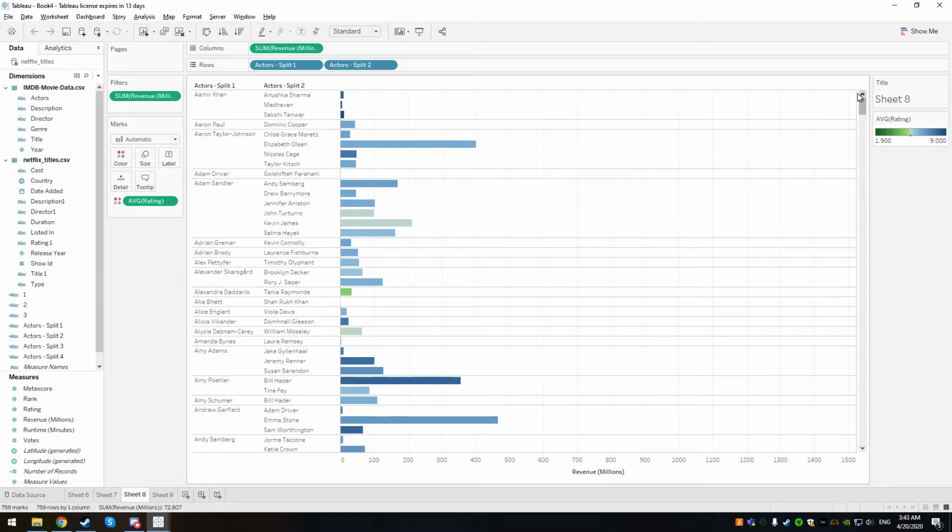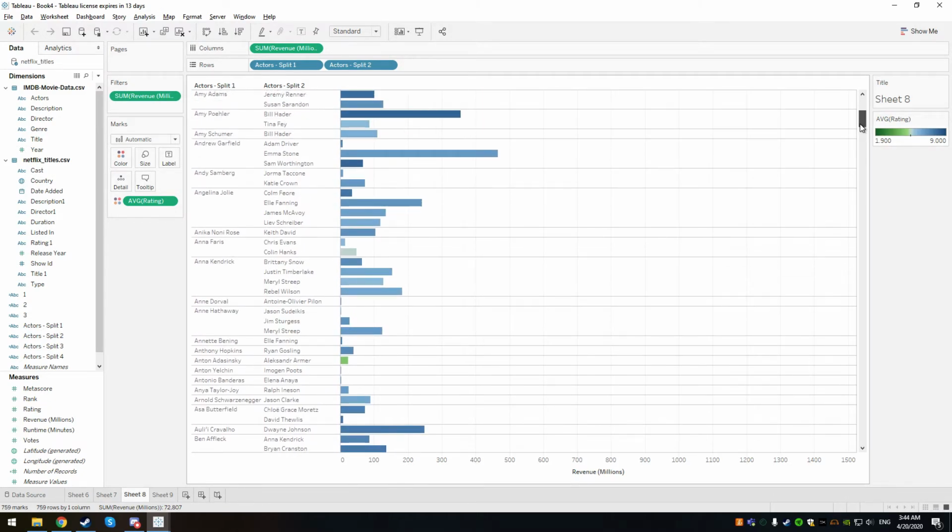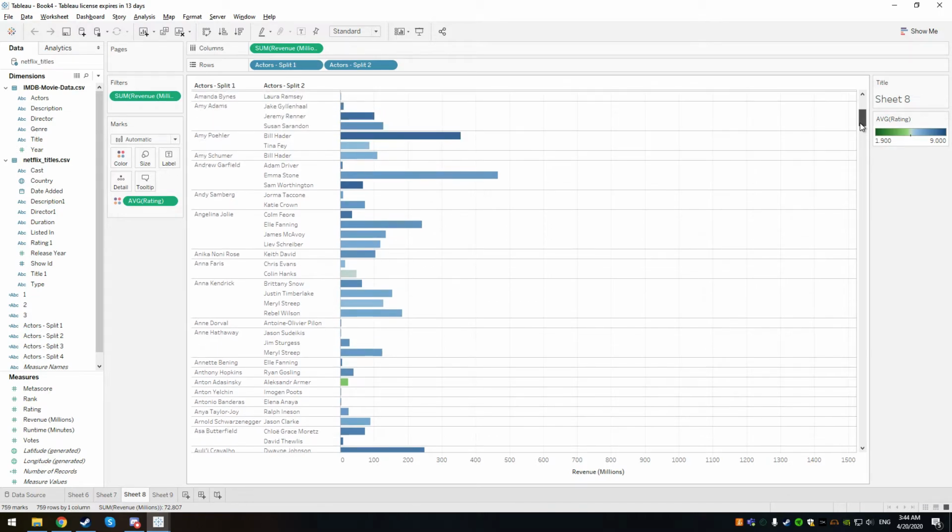What we get from this visualization is which actors can make a very high profit on their movie. For example, Andrew Garfield and Emma Stone, this combination made a very good profit and also has a fair rating as well.